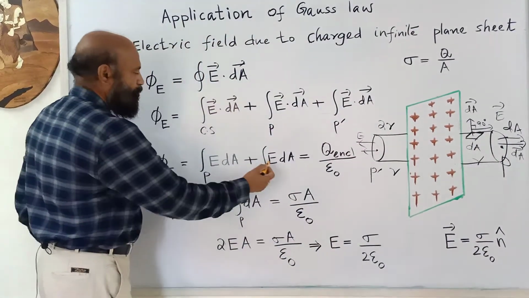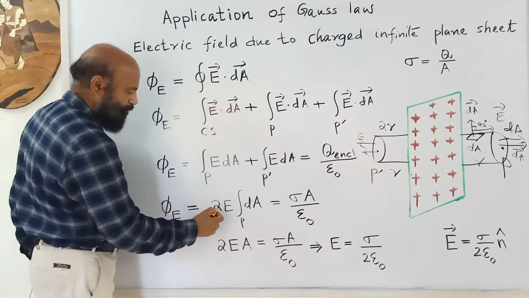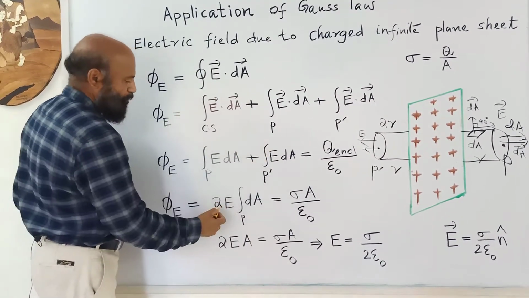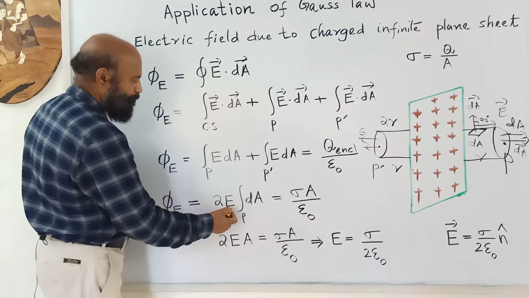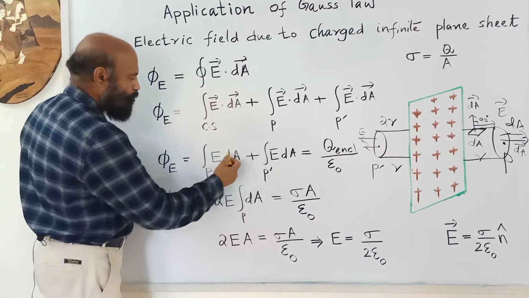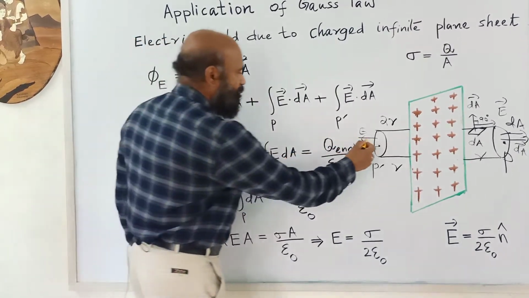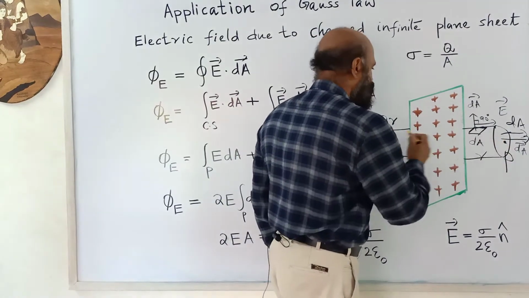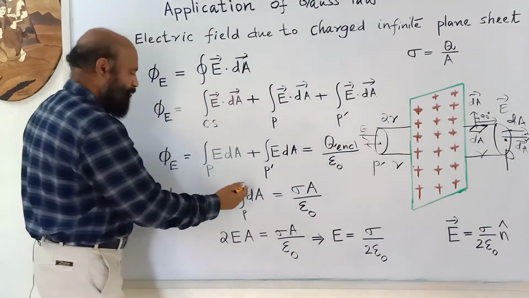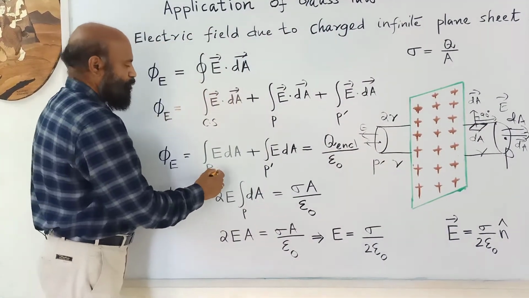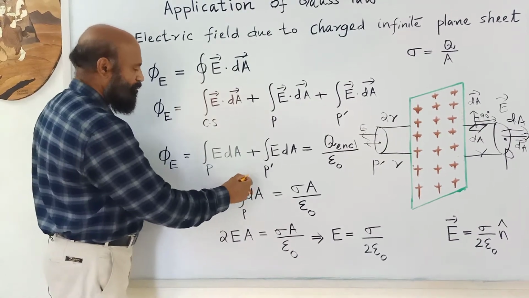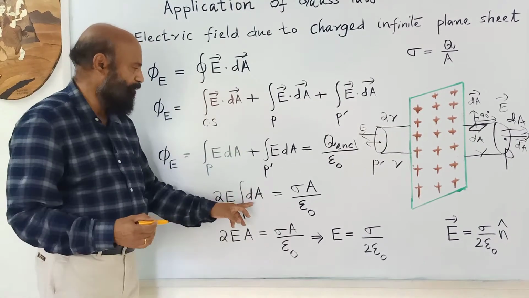So this can be written as the sum of these two terms: 2E. E can be taken outside because E is uniform, the same here and here. So 2 times the integral of dA.